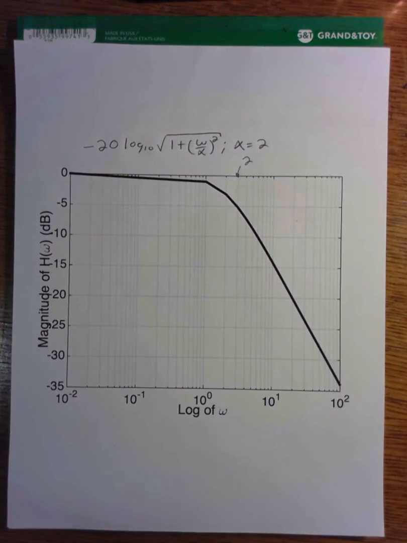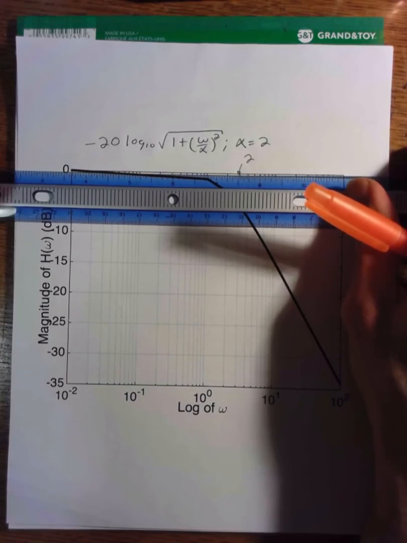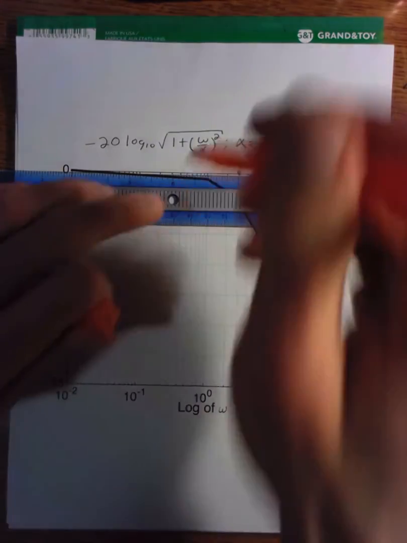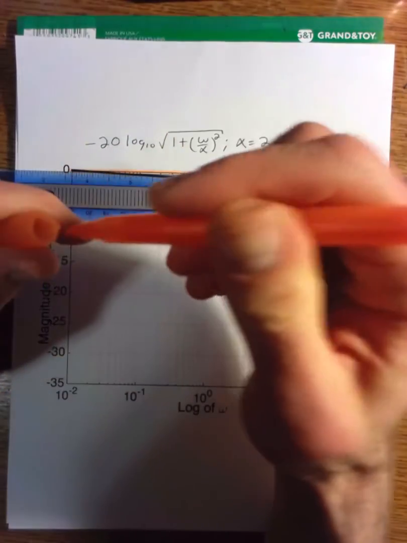Then for frequencies less than alpha, we approximate the frequency response as a straight line at 0.